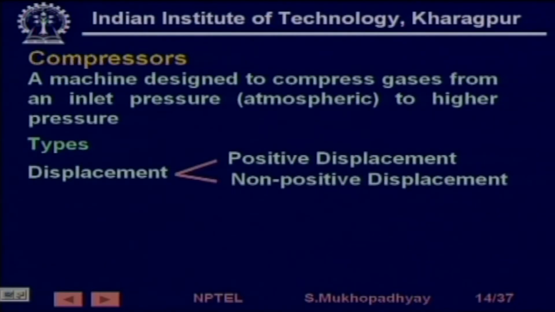One is positive displacement, where each time a certain given volume of air is converted from atmospheric pressure to high pressure. So, every cycle of movement of the compressor, whether it is rotational or translational, converts a certain amount of gas from low pressure to high pressure.